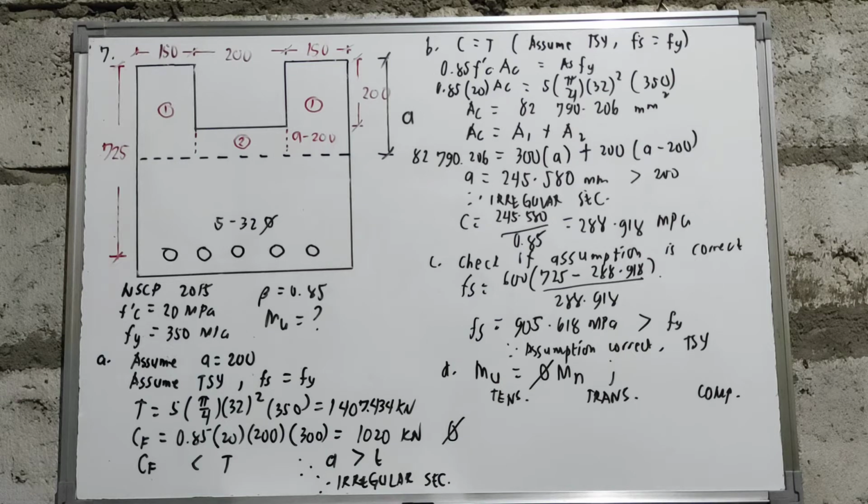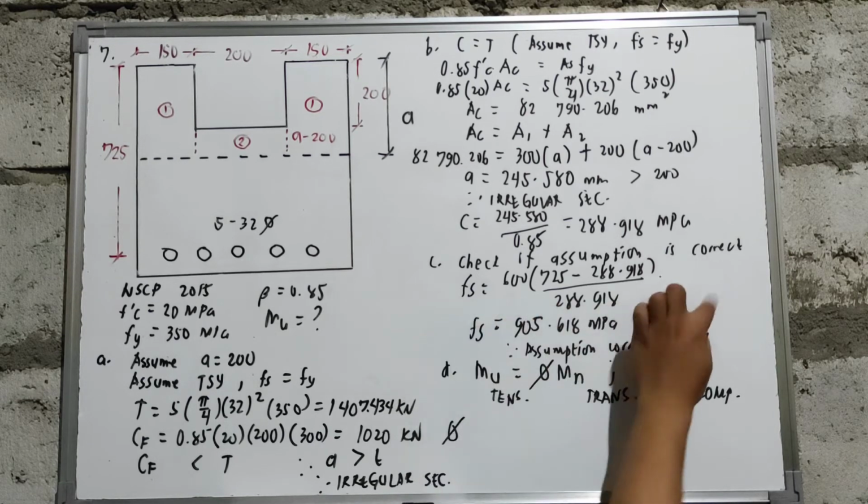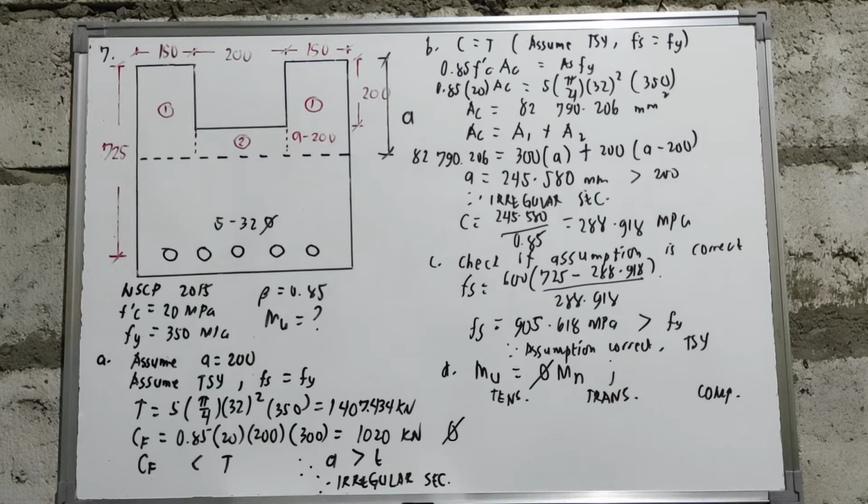So what will be the value of your phi? So dito ngayon, sa pagkuha ng reduction factor natin, yung magiging basis natin is the value of your Fs na lang. So eto yung other ways natin sa pagkuha natin ng Fs. So from tension to transition zone, yung limiting value natin dyan is we have yung value ng Fs natin, yung actual, na 1,000 megapascal.